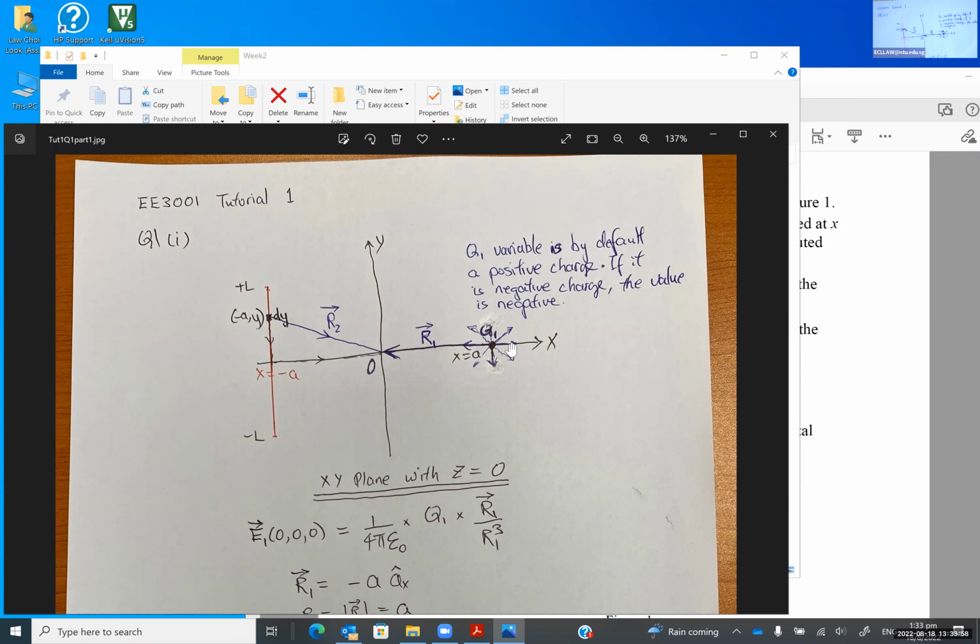Exactly, it depends, at the end of the day, on the value of your Q1: is it a positive number or a negative number? By default, when we put a variable like Q1, it is positive. Hence, by default, the E field will radiate out in all directions from that positive charge.